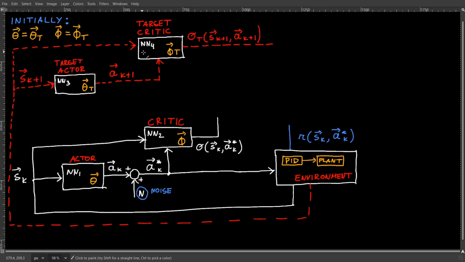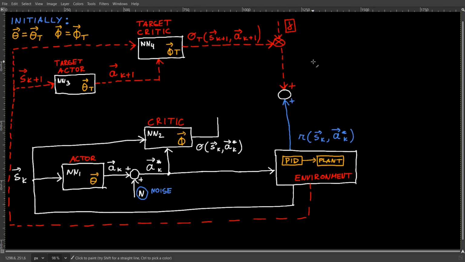This NN4 network then outputs the Q value for this state action pair, and since it comes out from the target critic, I will put here the subscript T. Just like before, I will multiply a discount factor by it.